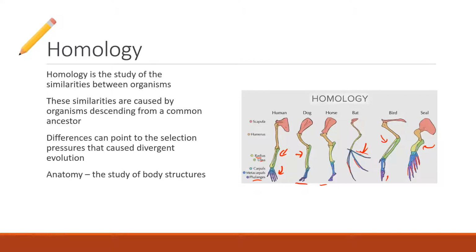With the radius and the ulna, I actually didn't know there were separate bones. I thought it was just one bone. I think you can break your radius or your ulna and not break the other one, and that's why you don't need to wear a splint. If you break your arm, you can just wear a cast. But you don't want to break your humerus. If you break your humerus, then you're in a lot of pain.